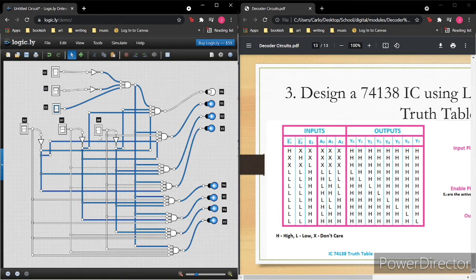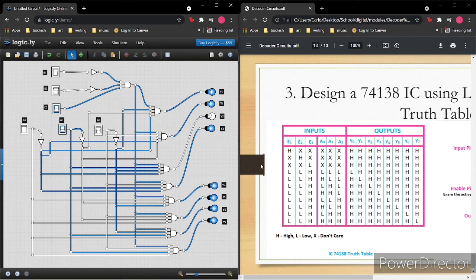So after that, let's try A0 as high and it will produce an output of Y1 equal to low. Also A1 is high, Y2 is low, and A0 and A1 are high, Y3 is low.